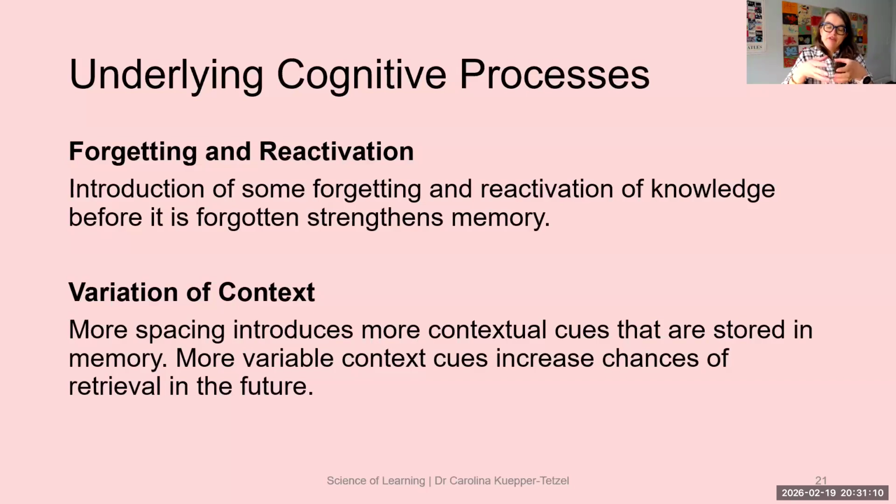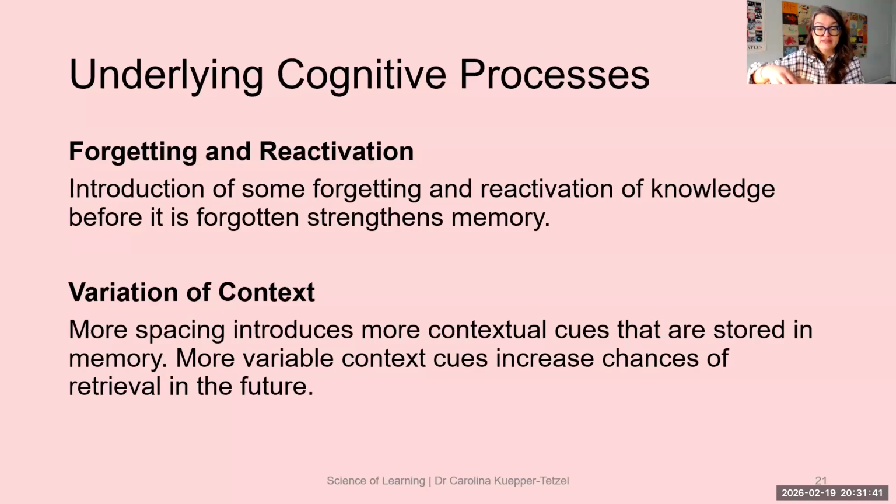So whenever we go back to the same material, that target material stays the same, but the context in which we study will vary every time we go back to the material. Now, the idea is that the more varied that context is that we store in our memory, the better it is for us. We will be more successful in the future to recall the target information.